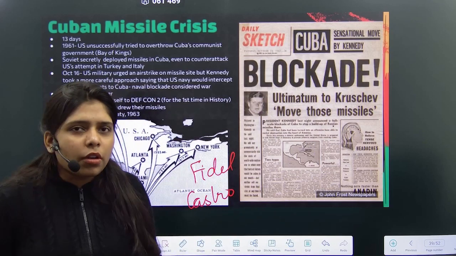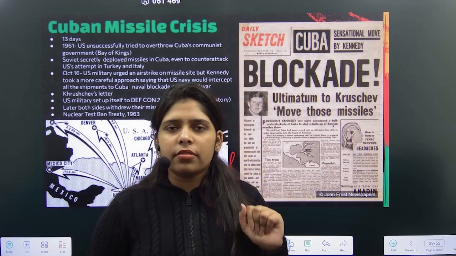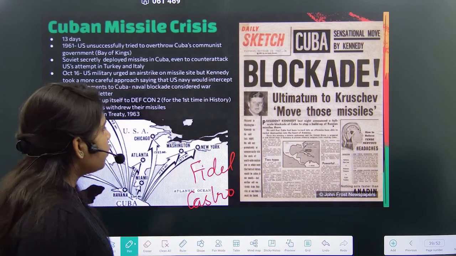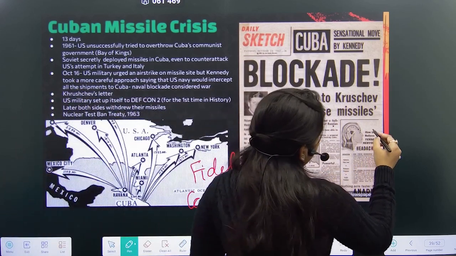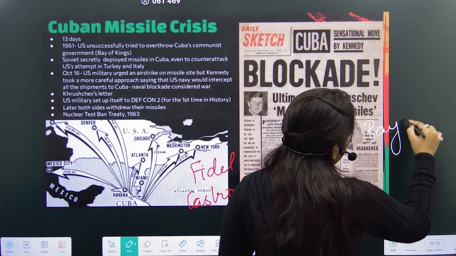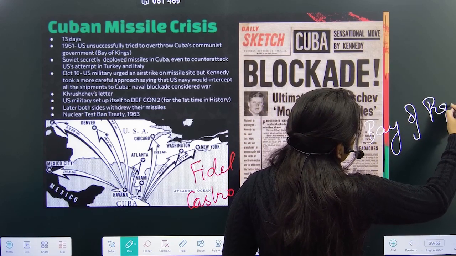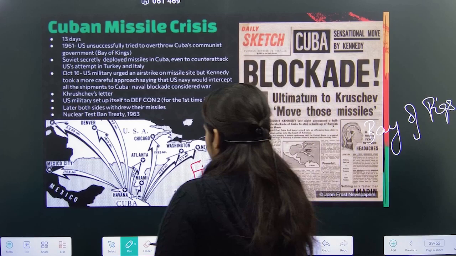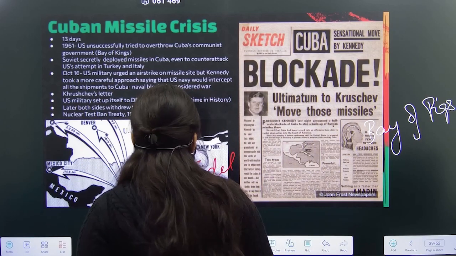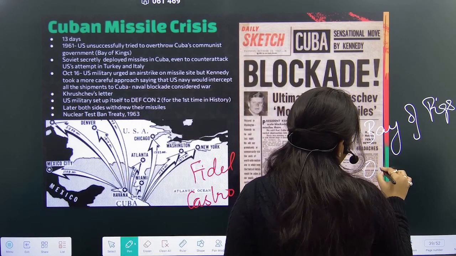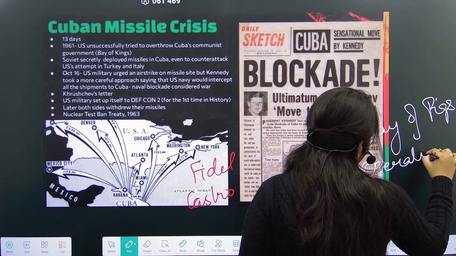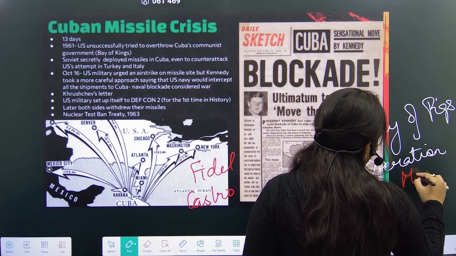The US was not quite happy about the situation. Okay, so we saw two operations that the US tried to do. Number one was, of course, the Bay of Pigs, and the other one was Operation Mongoose.